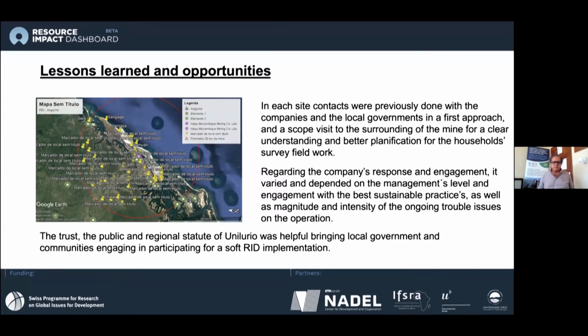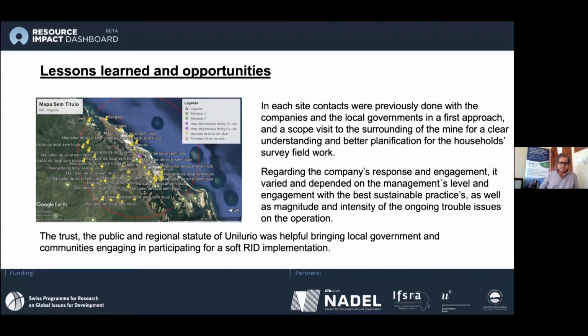Regarding the companies' response and engagement, it varied, depending on the management's level of engagement with best sustainable practices, as well as the magnitude and intensity of the ongoing trouble issues in the operations.